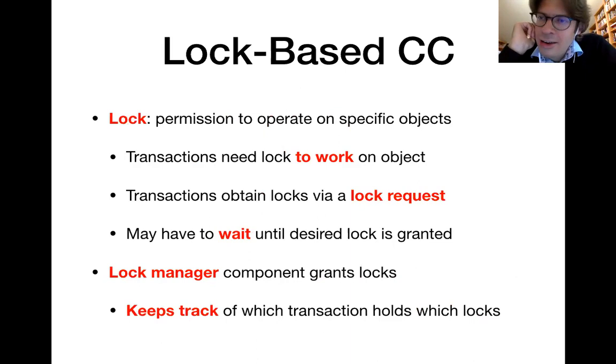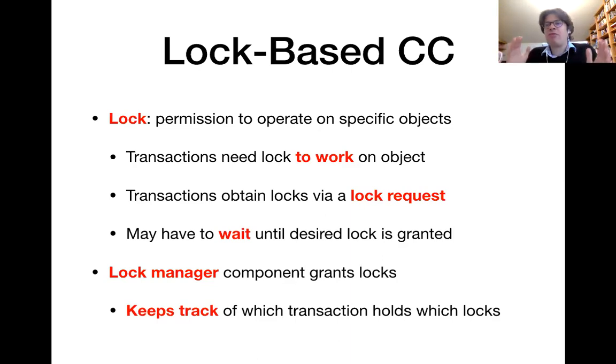So in the next lecture, mainly we will be discussing locking-based concurrency control methods. We're going to discuss more detail in the next lecture, but I'll already tell you a few basics. Generally, those concurrency control mechanisms will be based on locks, which essentially represent a permission to operate on a specific object.